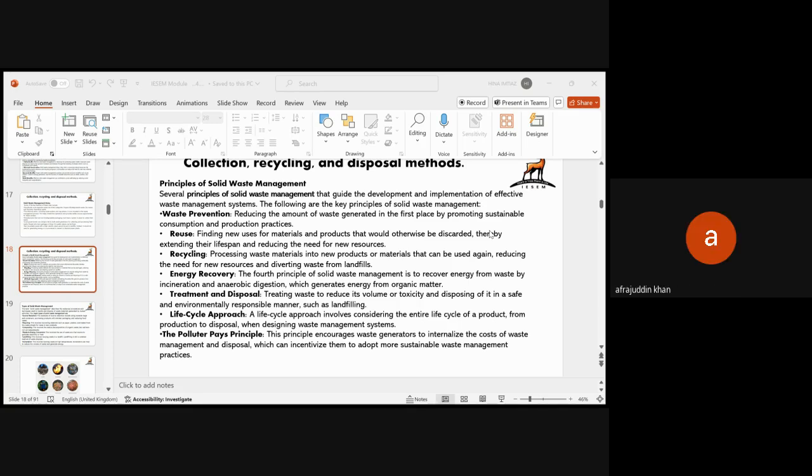In the construction field, what we are initiating is using this wood waste to make a temporary or welfare facility where the workers can take rest.